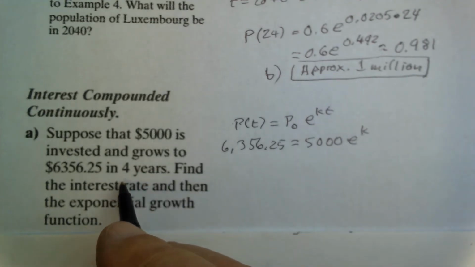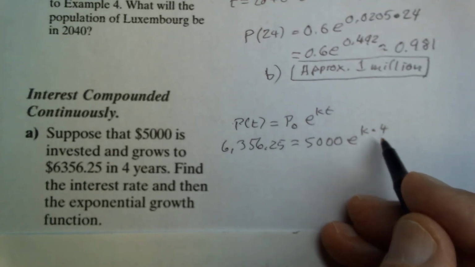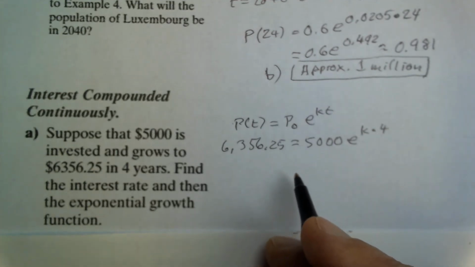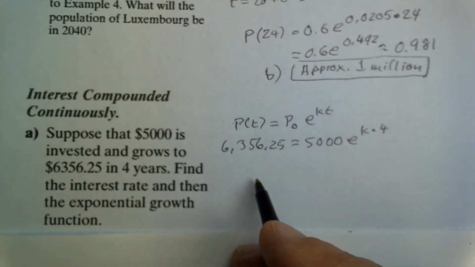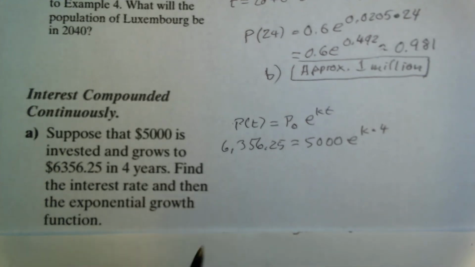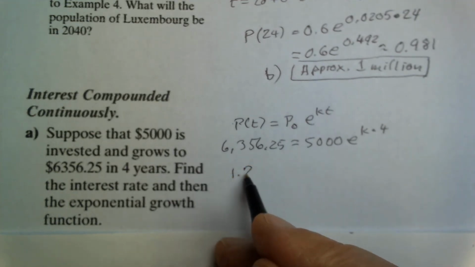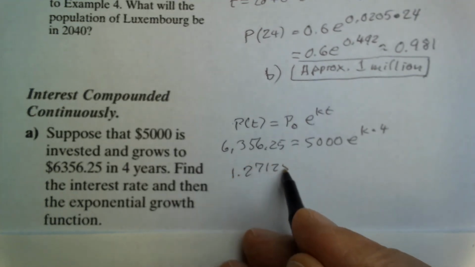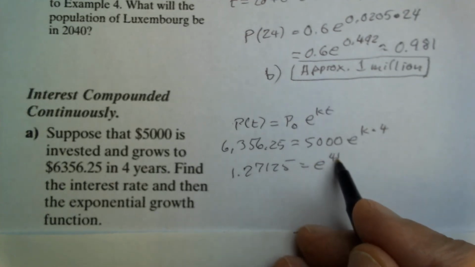Now t is equal to the number of years, or 4, so times 4. We divide both sides by 5,000. So dividing both sides by 5,000, 1.27125 equals e to the 4k.